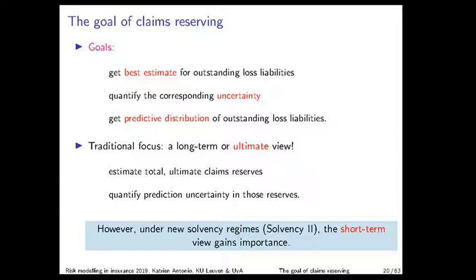The so-called reserve risk in Solvency II, for instance, measures the changes in reserves as estimated over a 1-year time horizon. And essentially you ask yourself here, how does this reserve estimate change when a new diagonal becomes available in my triangle? So that is what reserve risk tries to capture.